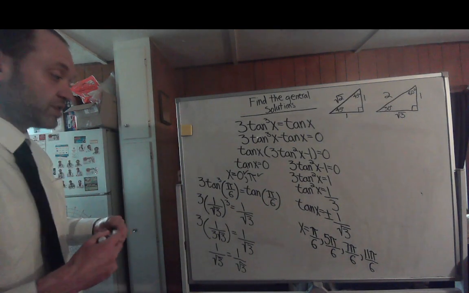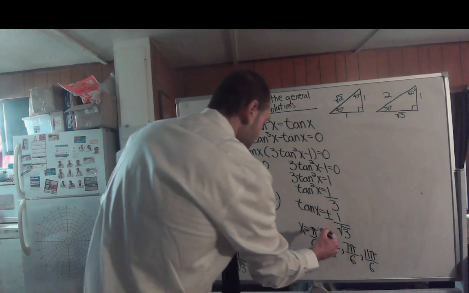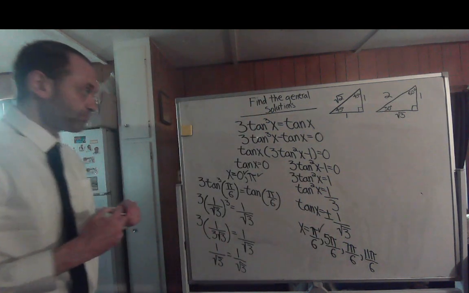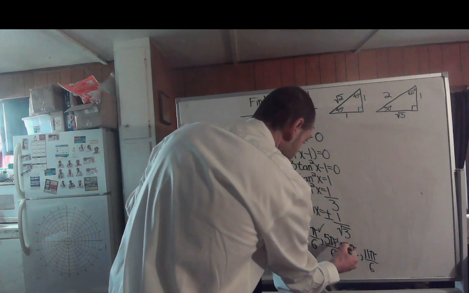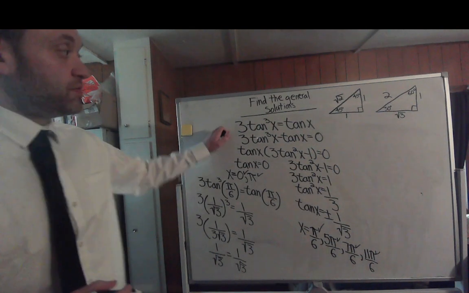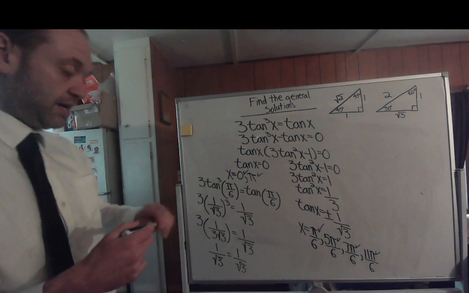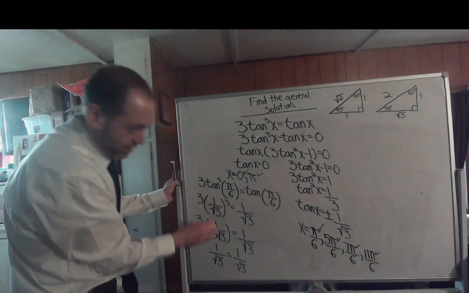So this actually checks out. In fact, it would for every multiple of pi over 6, because you cube a negative, you'll also get a negative, and it would work for every multiple of pi over 6.